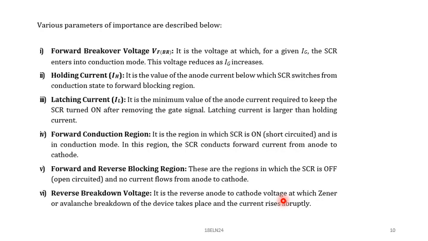We'll call that current the reverse saturation current. So when it crosses the breakdown voltage, there will be a sudden increase in the current. That is mainly due to Zener and avalanche breakdown. The same type of phenomenon you can observe in SCR also. So these are the parameters.